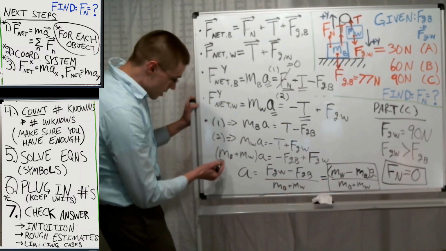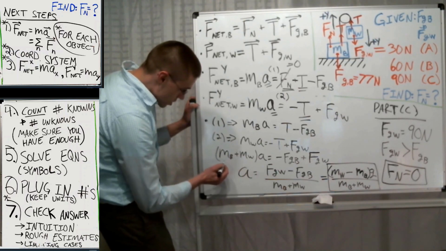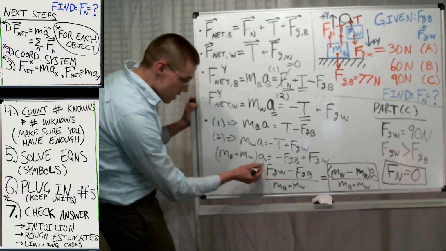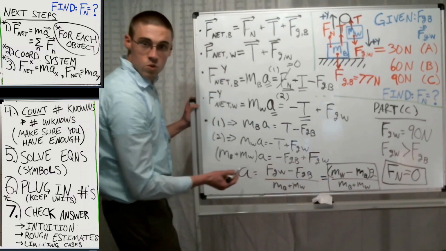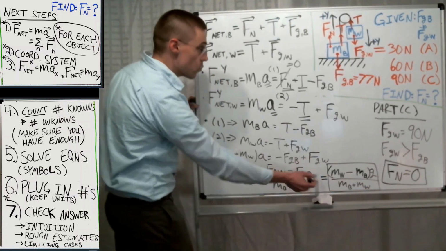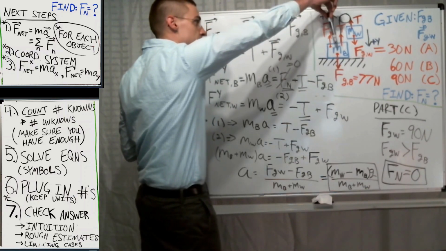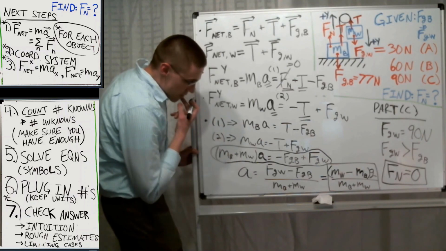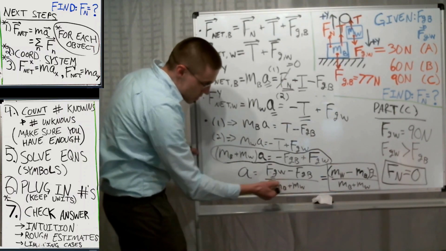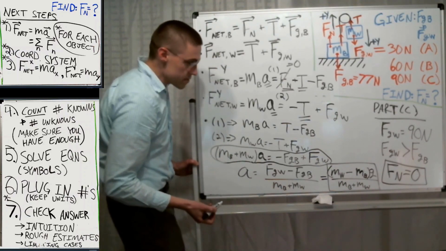What I end up with is, on the left-hand side of the equation, mB plus mW times A equals a difference between the two weights, right? It's this weight minus that weight. Now, if I solve this then for the acceleration, I have the difference between these weights divided by the masses.